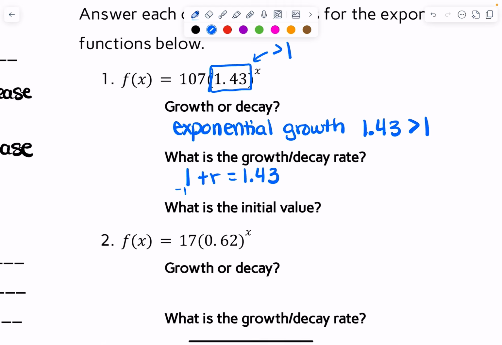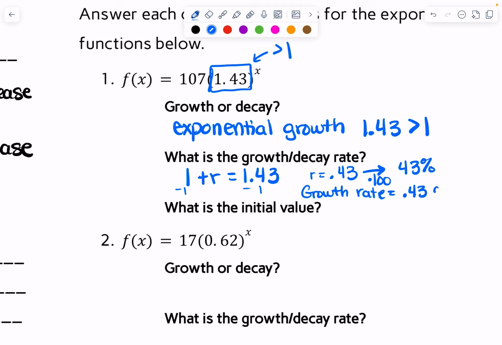If I subtract that 1 from both sides, that gives me r equals 0.43, or as a percent, we multiply by 100 to get 43%. So the growth rate, since it was exponential growth, is 0.43 or 43%.